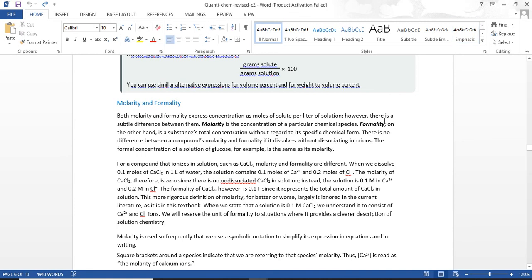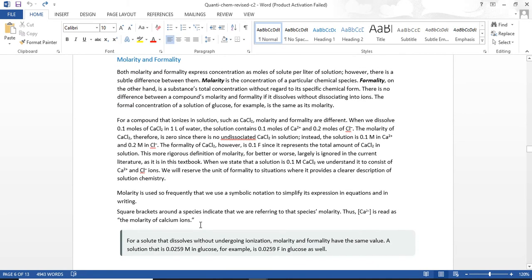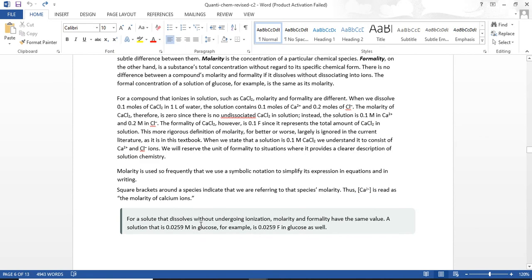When we state that the solution is 0.1 M CaCl2, we understand that it consists of calcium ions and chlorine ions. We will reserve the unit for formality to situations where it provides a clear description of the solution chemistry. Molarity is used so frequently that we use a symbol notation to simply express it in writing.